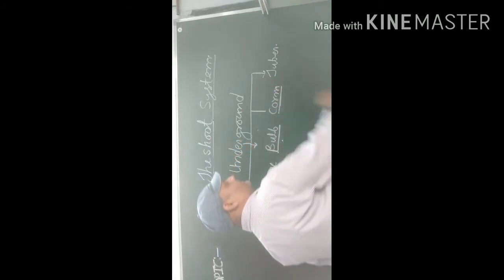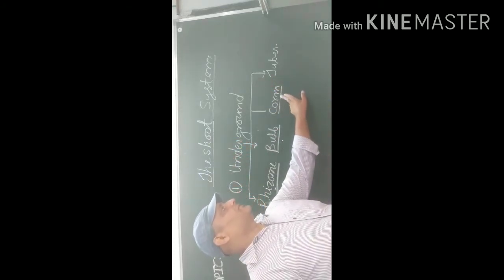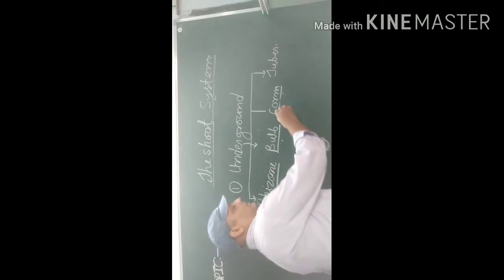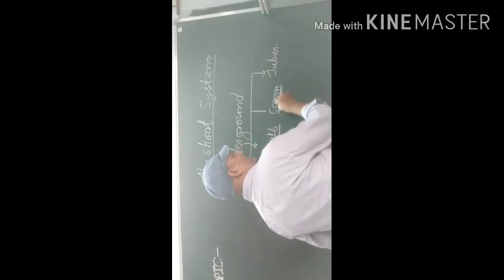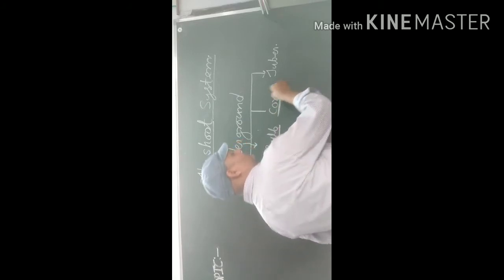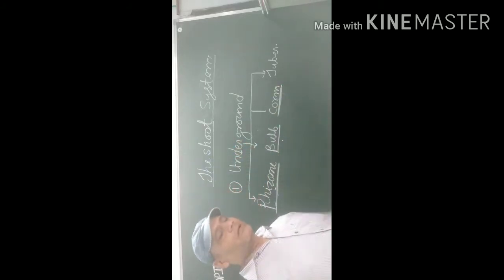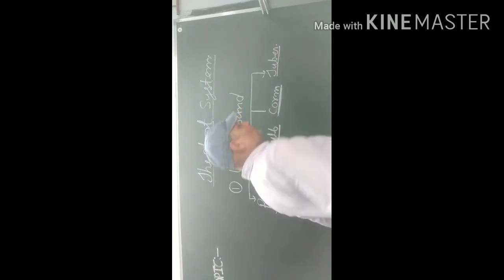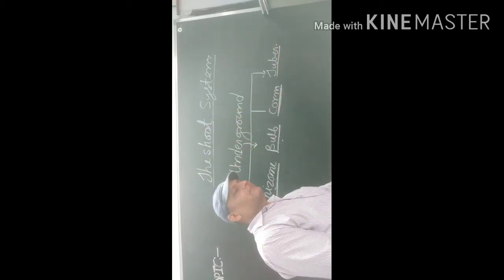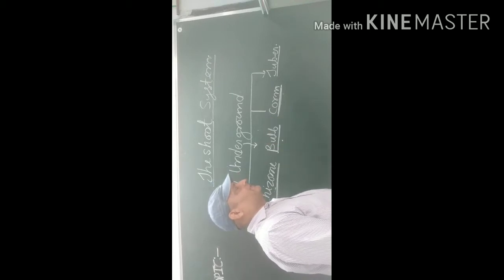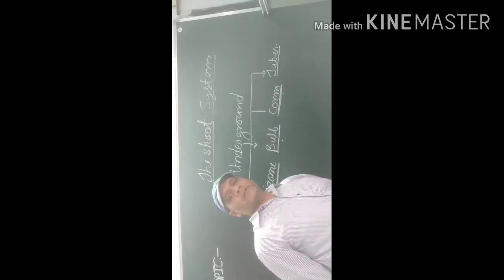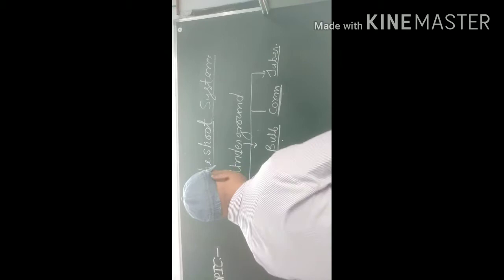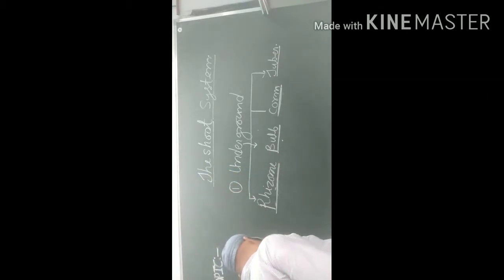Corm is cylindrical in form. Example: colocasia or arvi. Tuber is an underground stem found in different shapes and sizes. The best example of tuber is potato. So these are the underground stems.